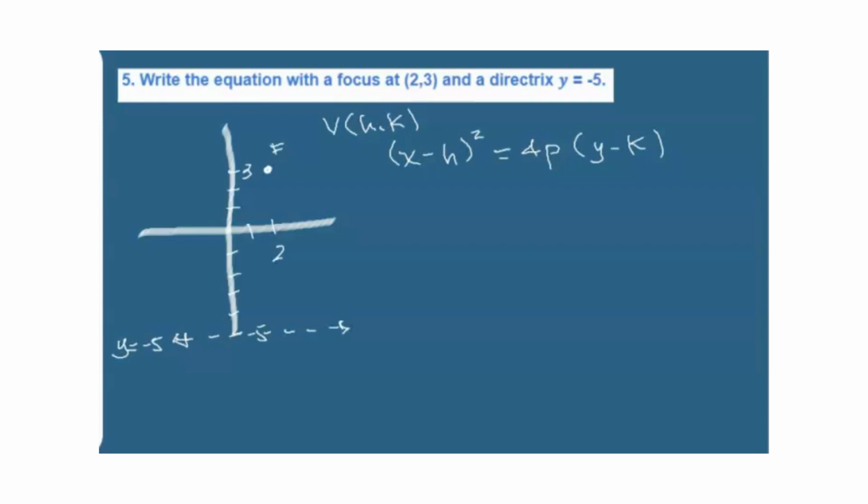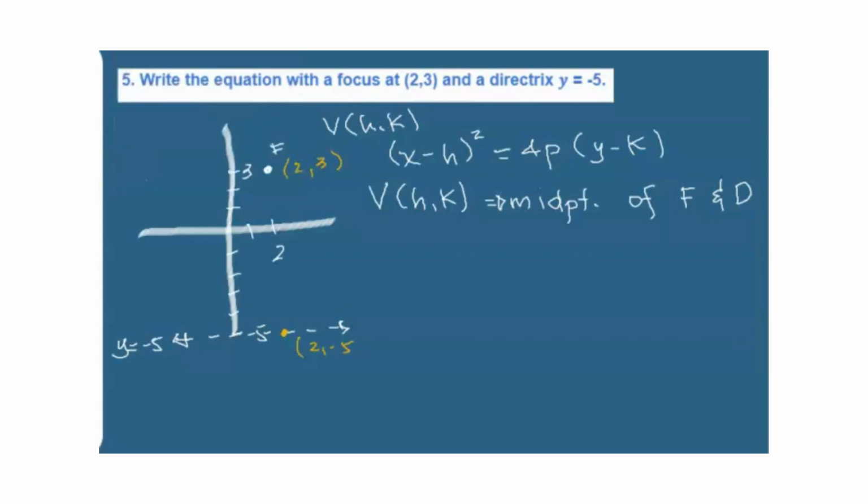So let's find the vertex using the midpoint formula. The vertex (h, k) is the midpoint of the focus at (2, 3) and the directrix at y equals -5. So if I plot this point, then I'll have (2, -5).